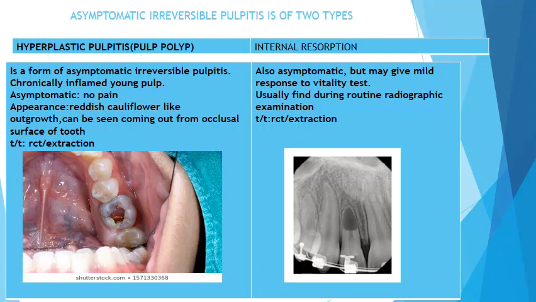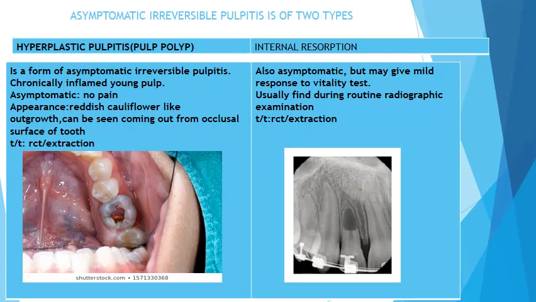Now next is internal resorption. This is also asymptomatic, so there are no signs or symptoms, only mild response to vitality test, and these are usually found during the routine radiographic examination. Let's say a patient came to you just for a routine checkup, and you took a radiograph of the patient, and you will see this condition.